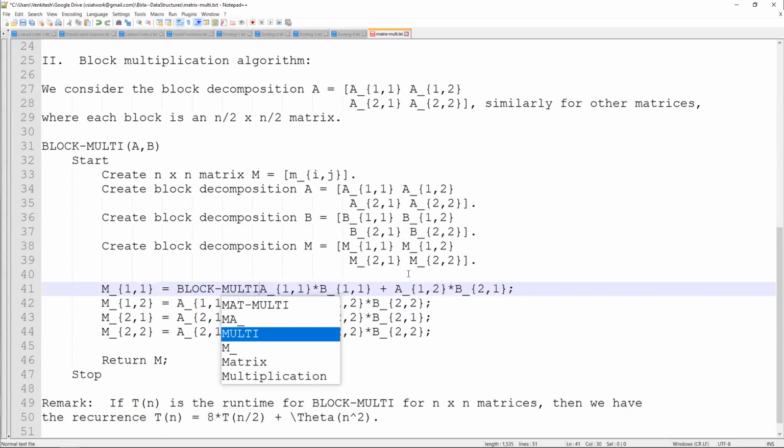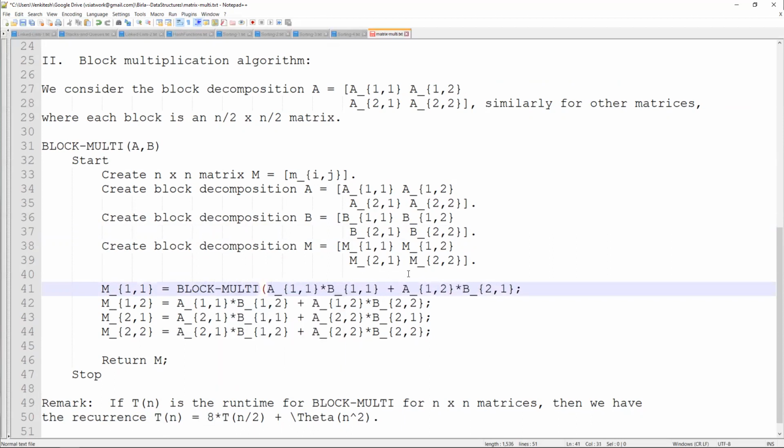I'm not writing A11 times B11. I'm saying block multi A11 B11 plus block multi A12. Is that okay? This is the recursive step.